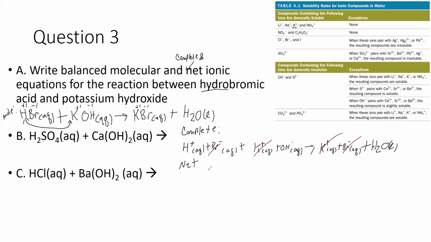So our net ionic equation for this acid-base reaction is hydrogen plus OH minus makes water, which is going to be for just about every single acid-base reaction you come across. When you mix an acid and a base, they destroy each other to make water. They're neutralizing each other. All right.